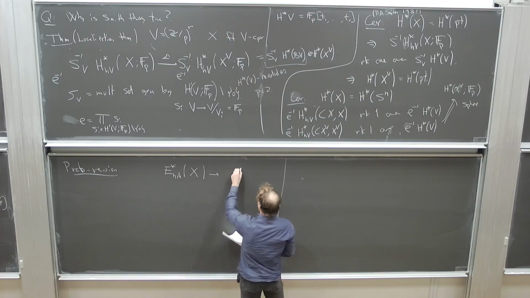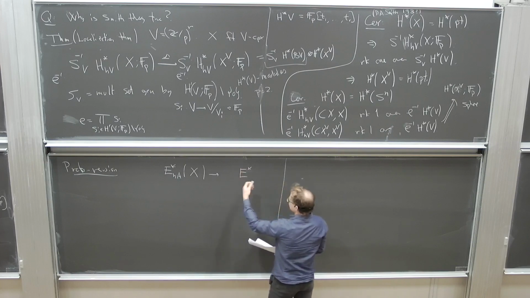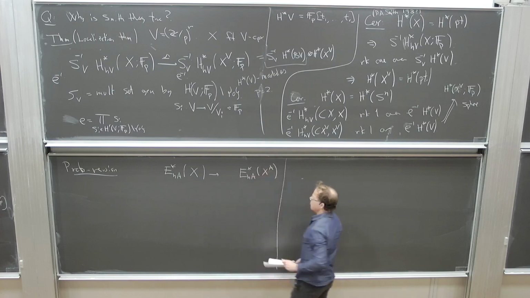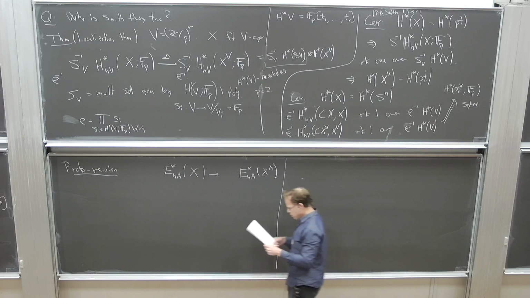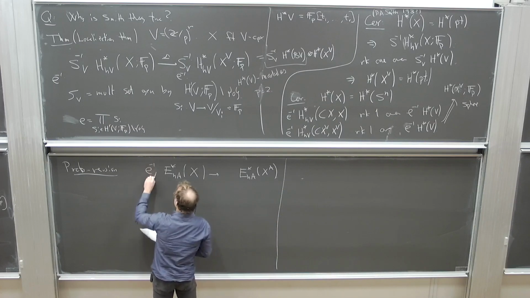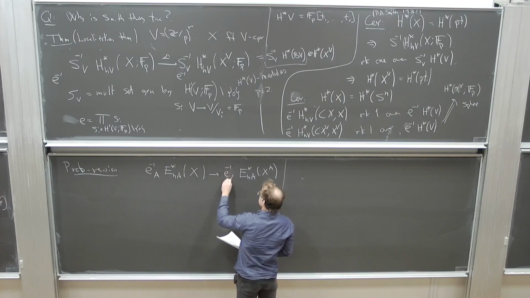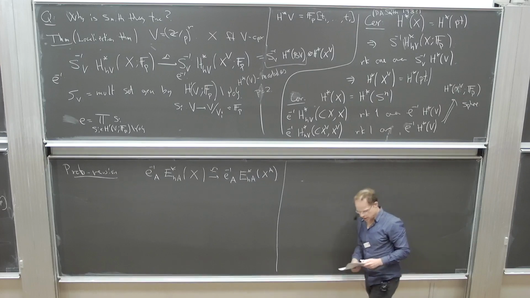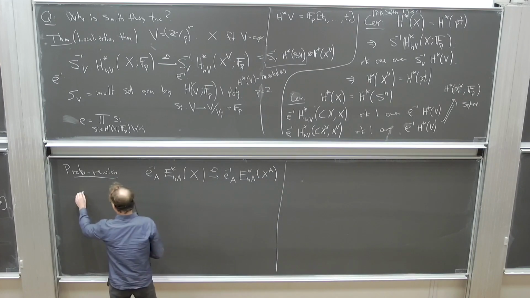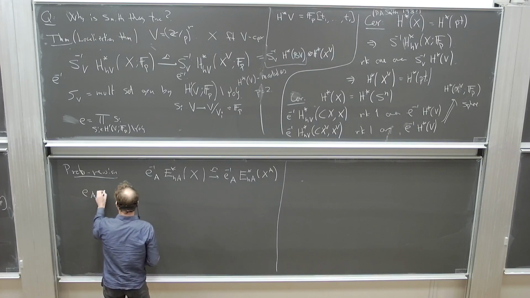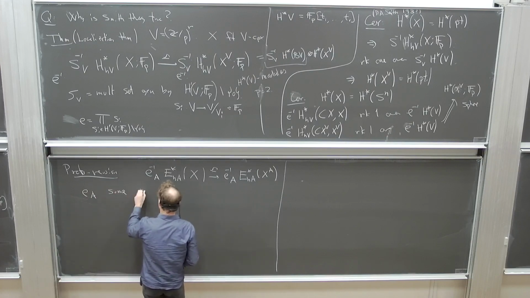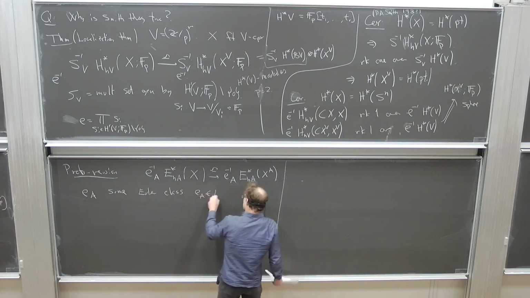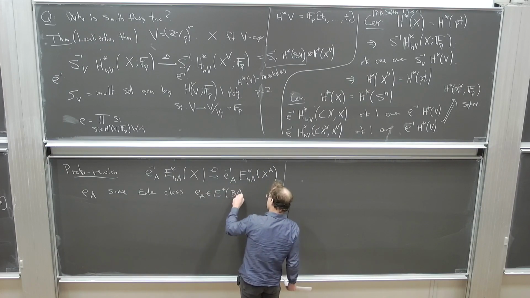So then you can say, okay, then we go to the equivariant cohomology of the fixed points, and this should be an isomorphism if we invert some class, where EA is some Euler class lying in the cohomology of BA.